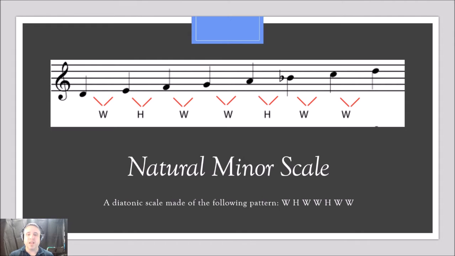So as you can see, we've just changed the location of the 2 half steps in this scale. Again, we're starting on D and ending on D, and in order to accommodate the pattern we need for this scale, we need to use B flat. Okay, again, remember that we have to use those accidentals in order to accommodate the whole step and half step pattern.